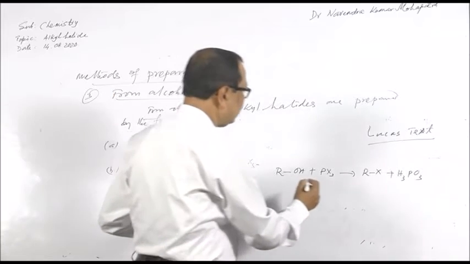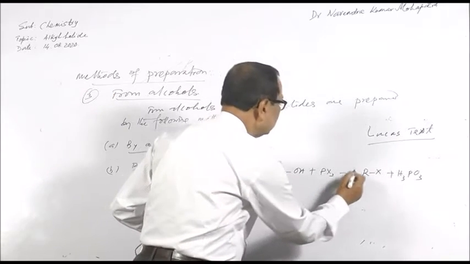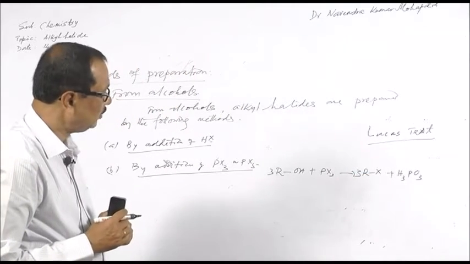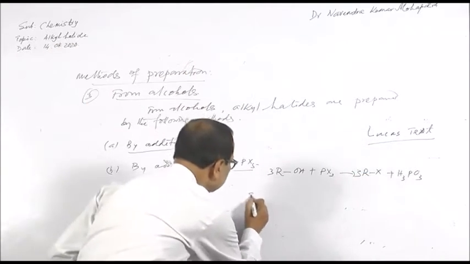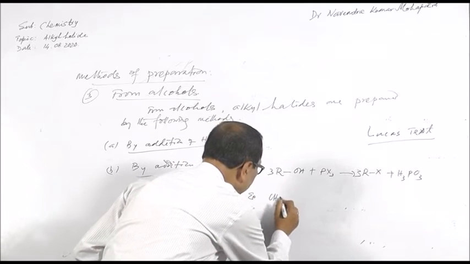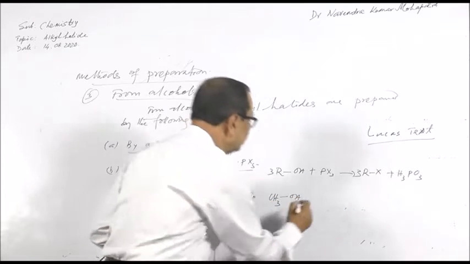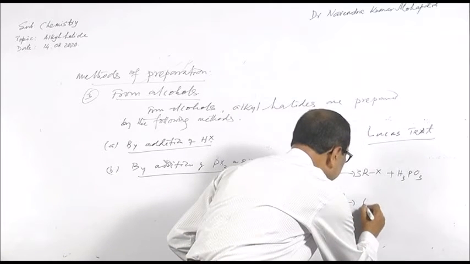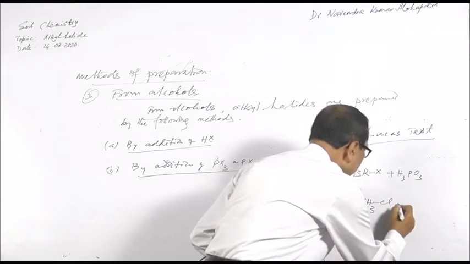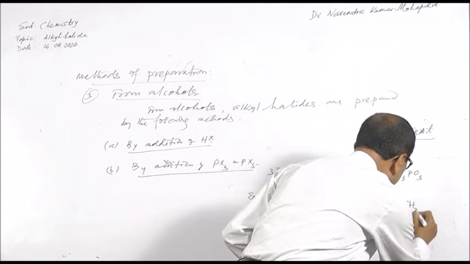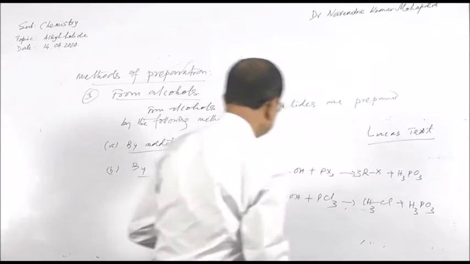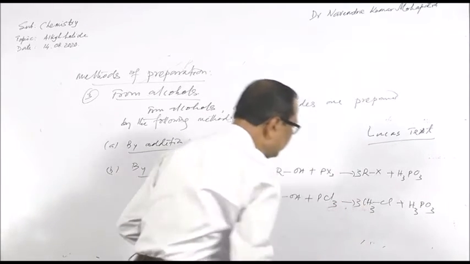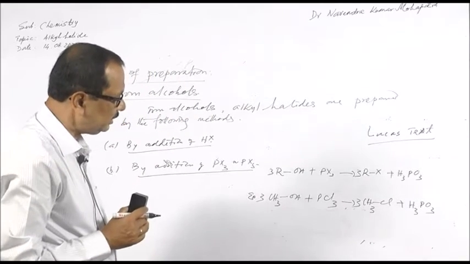If you balance this reaction, it will be 3 alcohol and 3 alkyl halide. For example, if you treat methanol with PCl3, the product will be CH3Cl plus H3PO3. Balanced, 3 methanol gives 3 methyl chloride plus H3PO3.